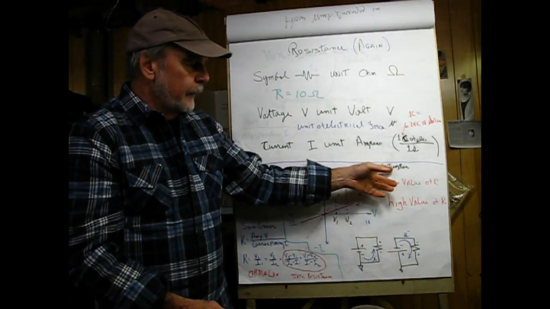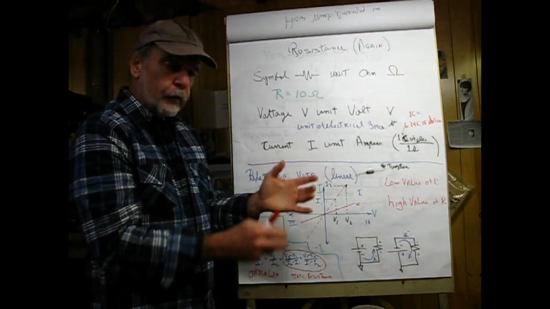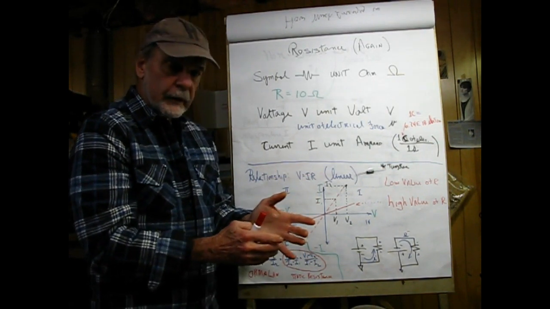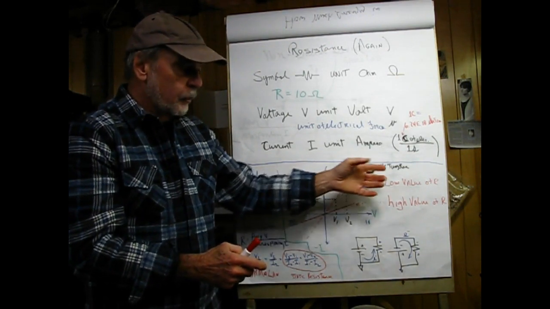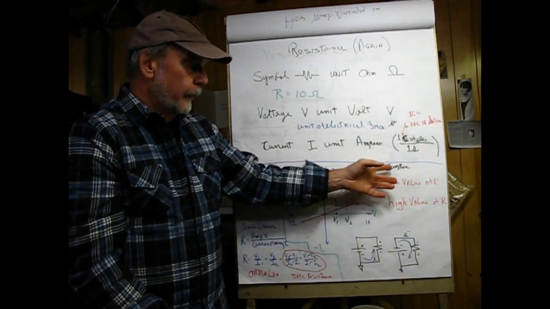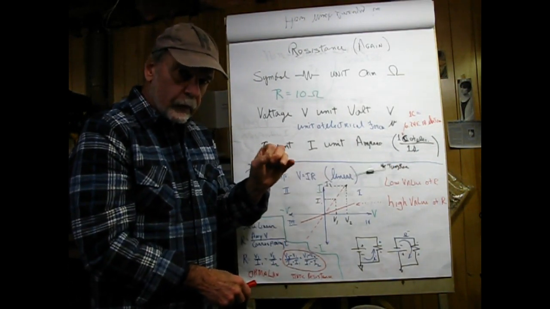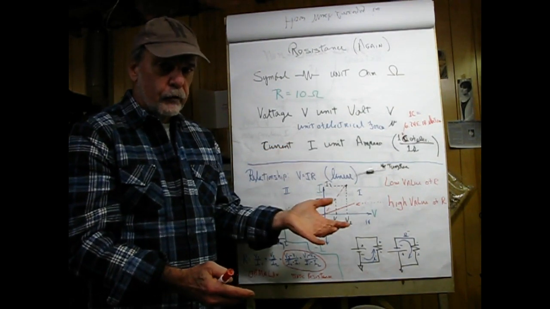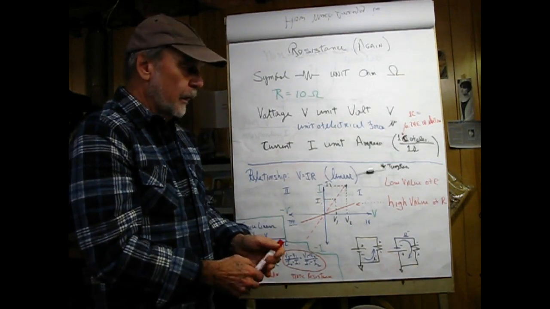The length and area are adjusted so that when 120 volts is applied, the current that flows in the case of a 60-watt light bulb would be half an ampere, and that'll dissipate 60 watts. Now in a 100-watt light bulb, the area of the filament is increased a little bit, so more current flows, voltage remains the same, 120, hence the power goes up to 100 watts.